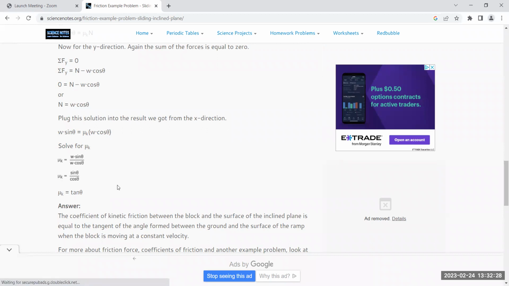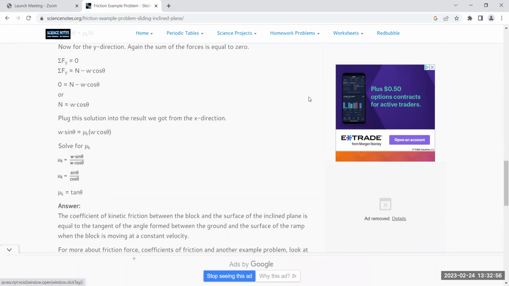Okay, no friction at all. Well, we could find out where that theta occurs. You'll find that as theta goes towards 90, you're going to get no kinetic friction. And as theta goes towards 0, you're going to get all the kinetic friction. That's all you're going to have.